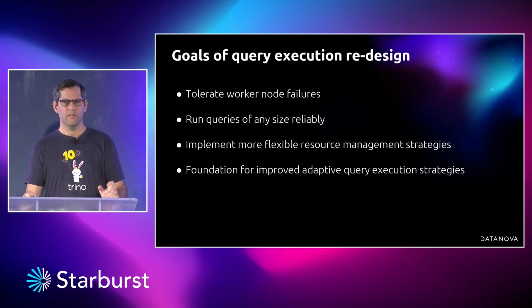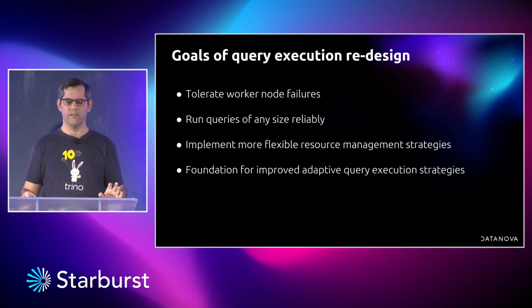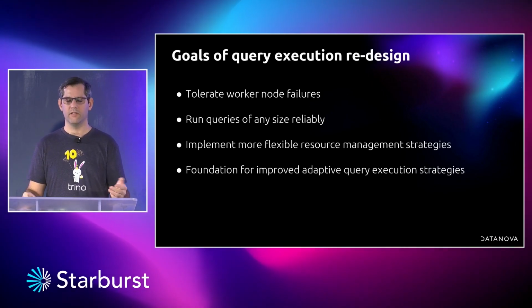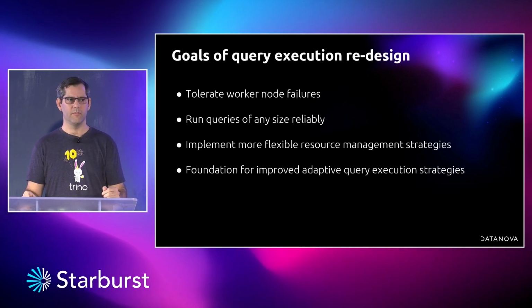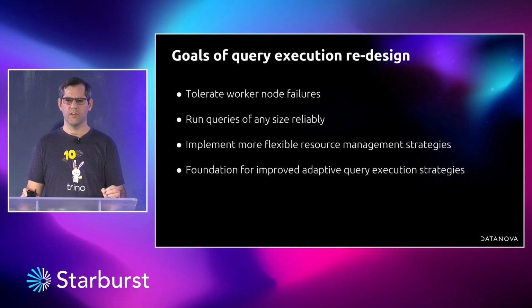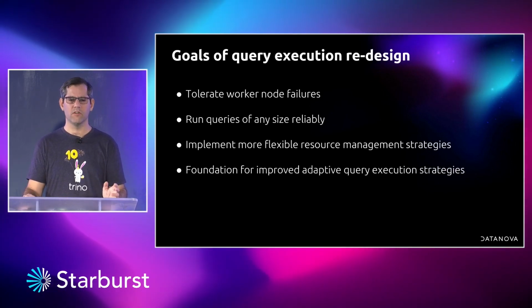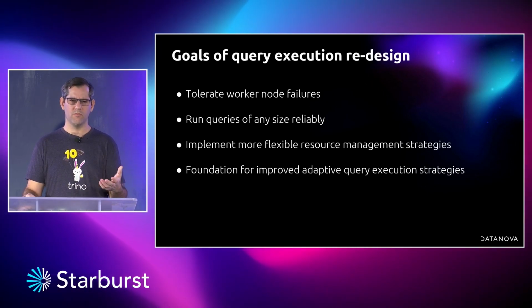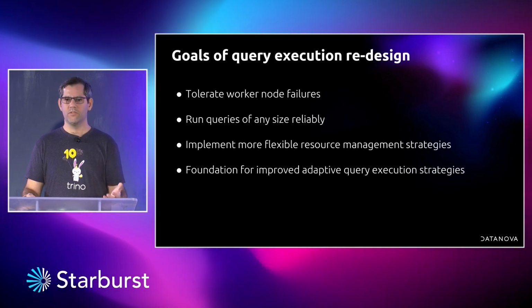About a year and a half ago, we started looking at this problem of how do we get Trino to the next level? How do we make it work better in the face of failures? And we started this project. We rolled it out sometime last year, and we've been making improvements since. Some of the goals of this project: the first one, the most immediate and obvious, is that we want Trino to be able to tolerate individual task failures.